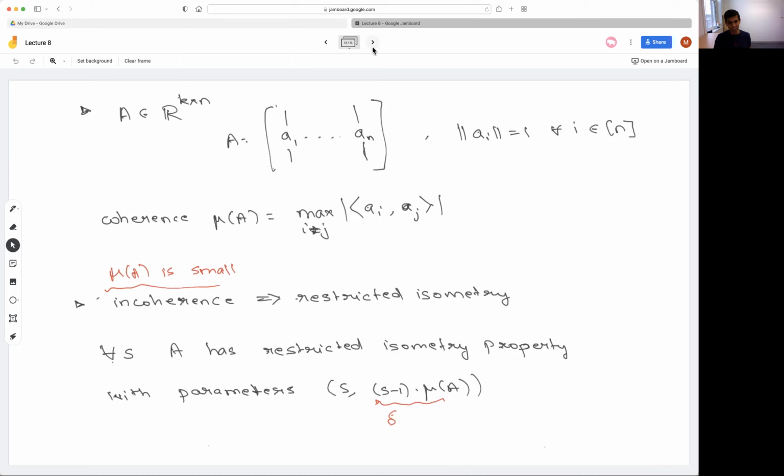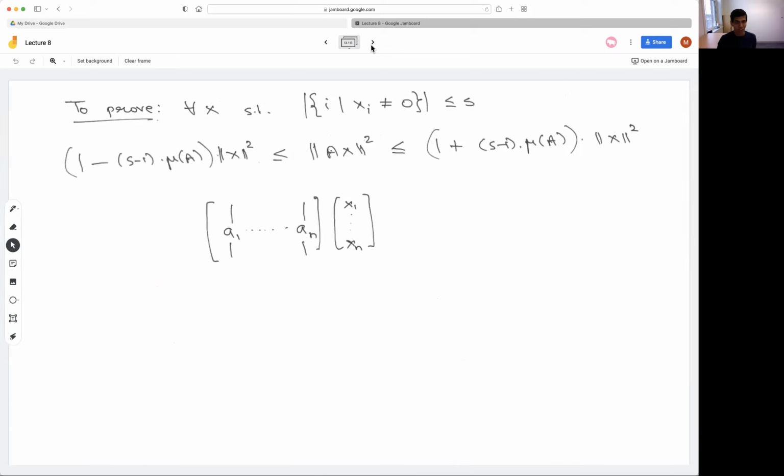So if mu is sufficiently small, this is a small number. If mu is 0.01 and S is 10, then delta is at most 0.1. And the proof is actually just a couple of lines, an application of the Gershgorin disk theorem, once you state things the correct way.